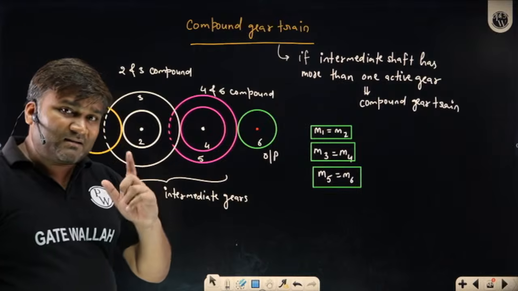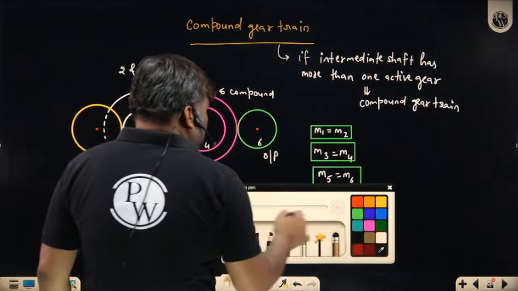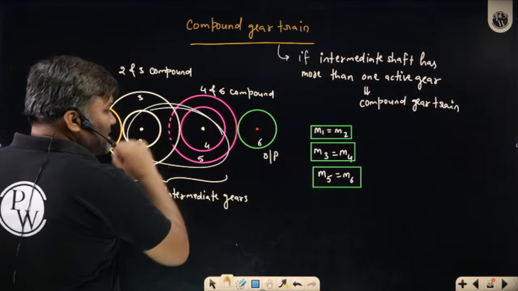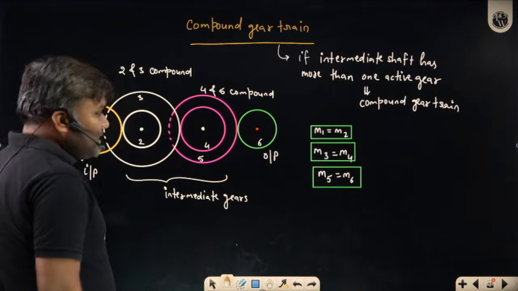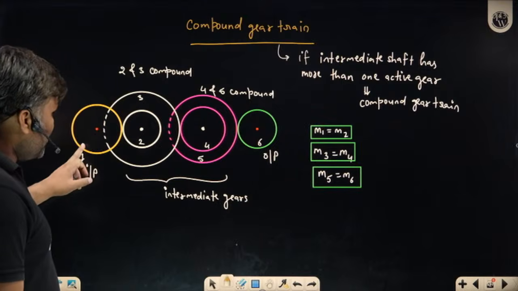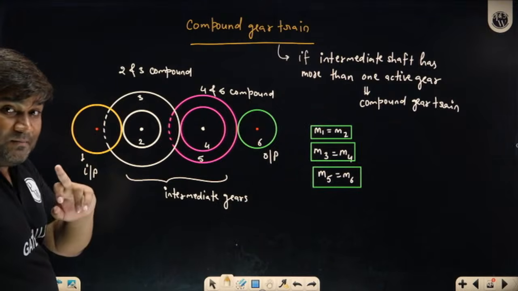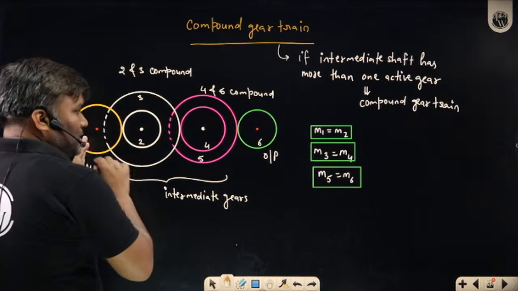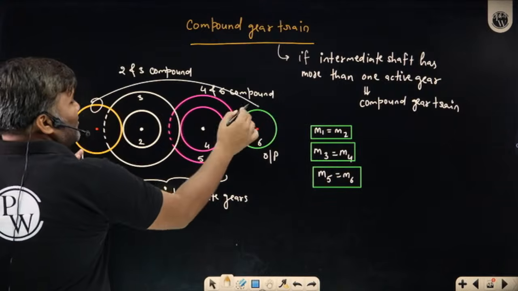And how can I write the equation? For the velocity ratio, let's check whether these compound gears are participating or not. Between gear 1 and 6 I have to write the equation.